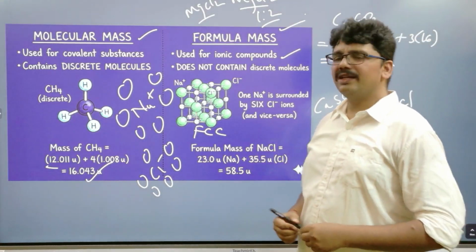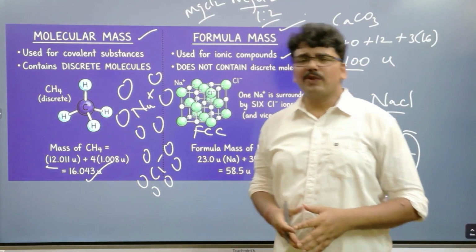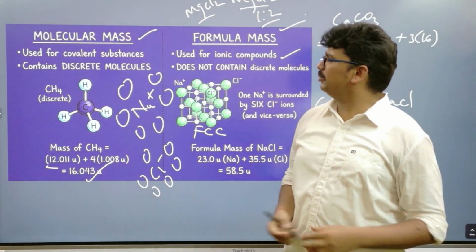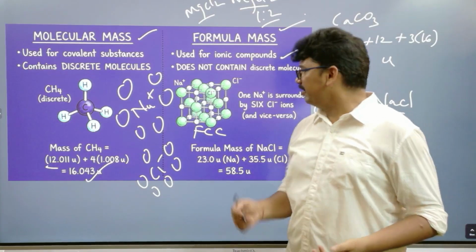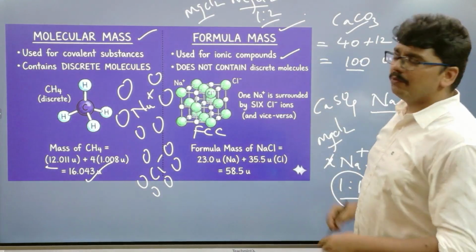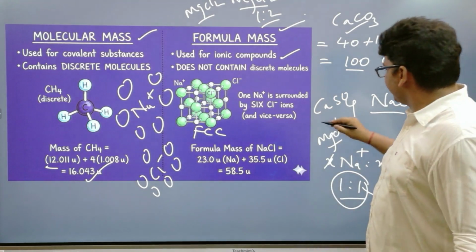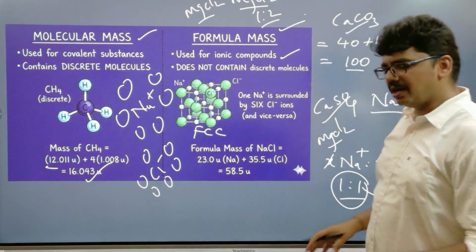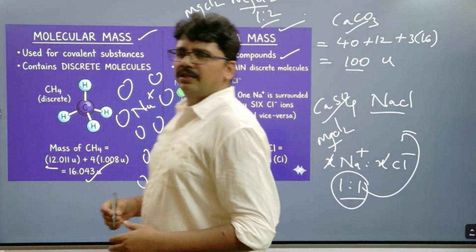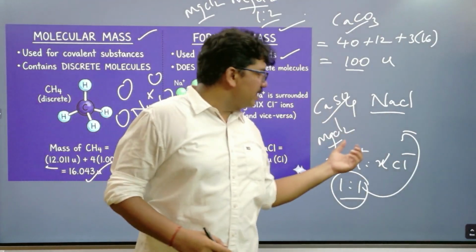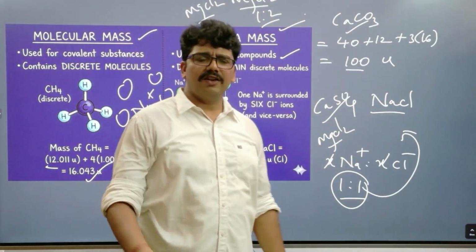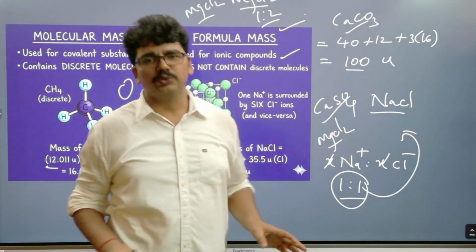That's why it is called formula mass. While solving problems, we don't see any difference between molecular mass and formula mass. Even for CaCO3, we used to say molecular weight of calcium carbonate. For calcium sulfate, we also say molecular weight. Nothing wrong. So while doing calculations, we can use molecular weight or formula weight, any term.